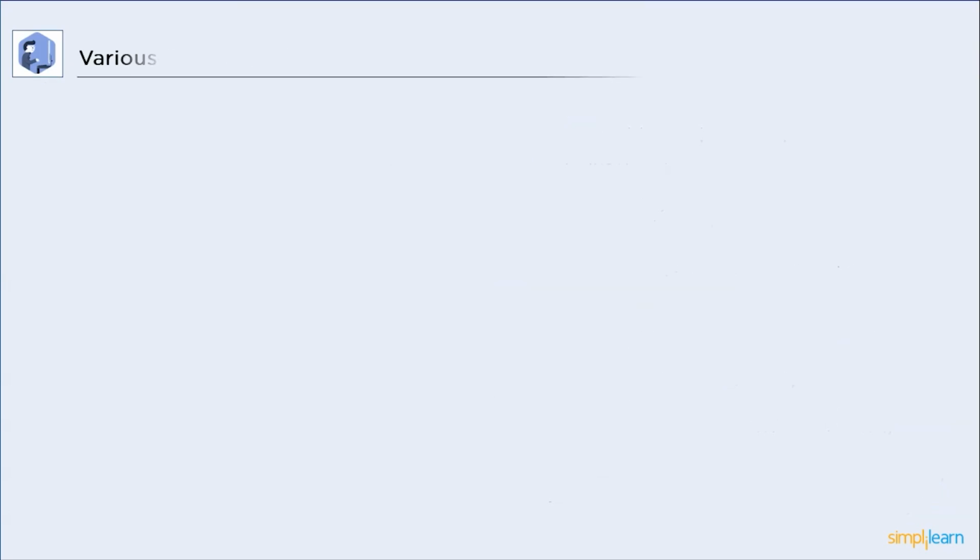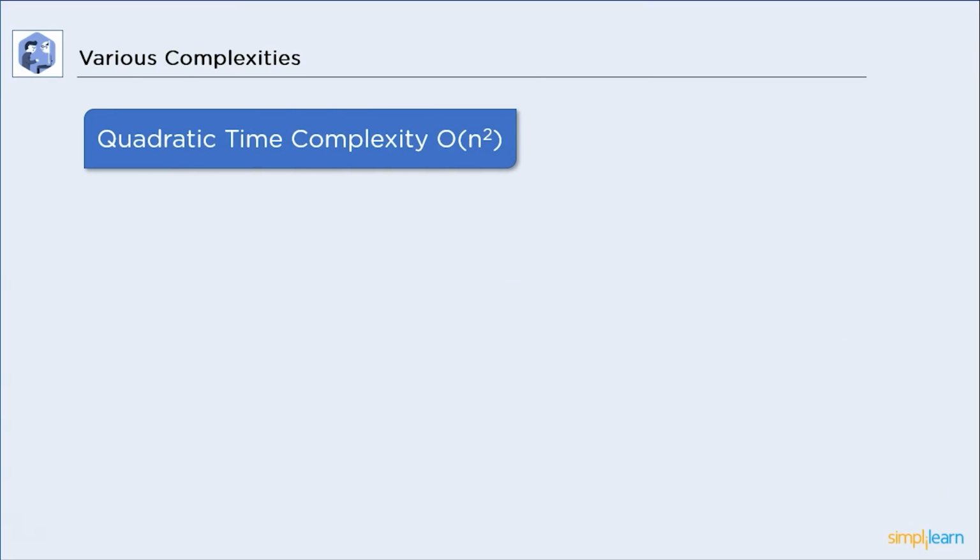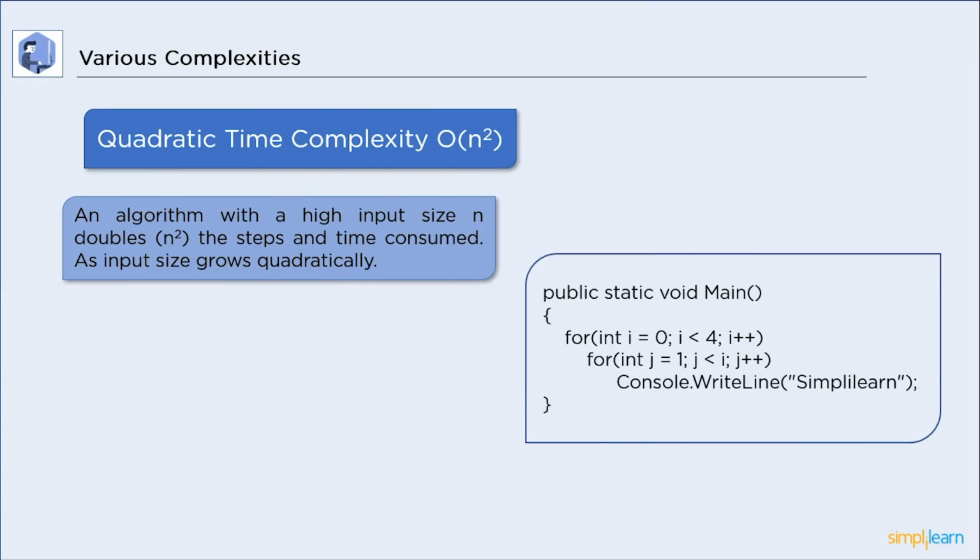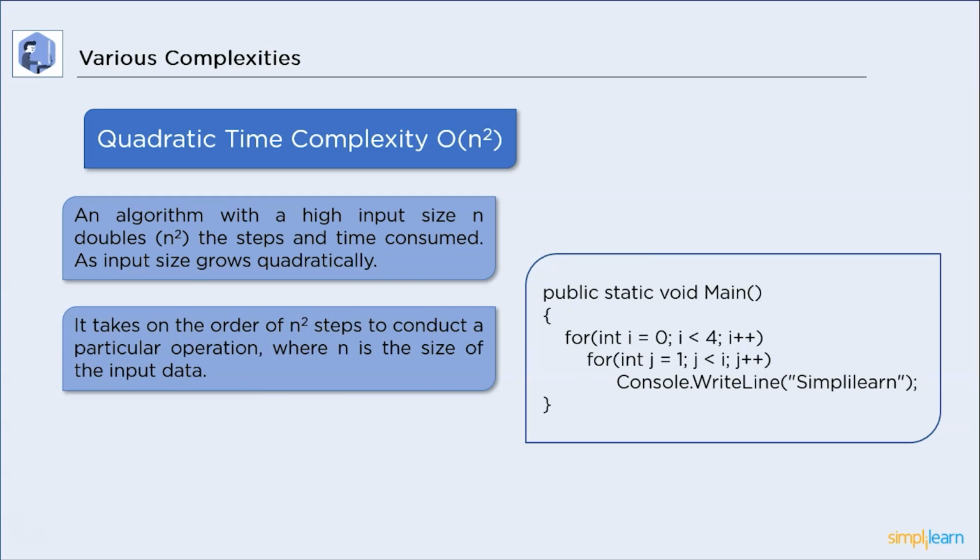Next up is quadratic complexity, a method for input size n where n is a very large number, executes almost double or n squared the steps, and the algorithm's time changes. The complexity of the method is stated to rise quadratically as the input size increases, from n square.